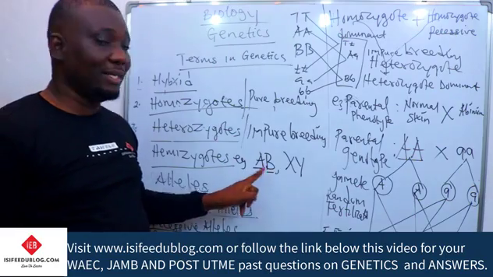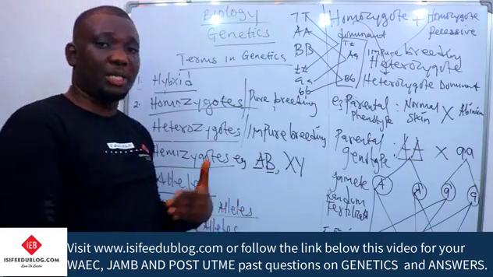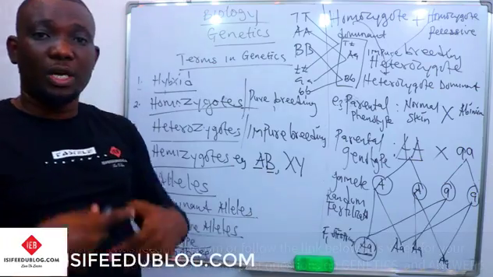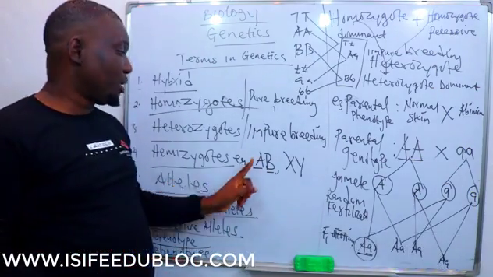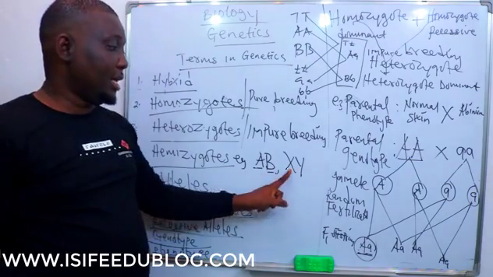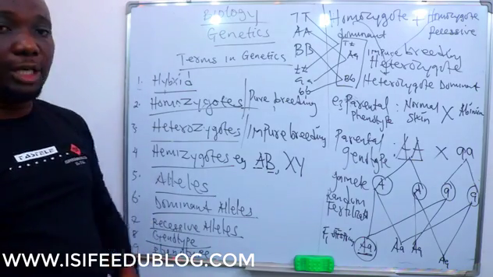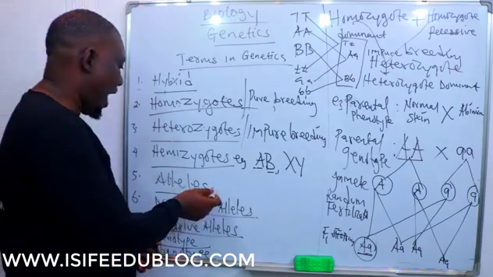So no one here is more dominant than the other. And because no one here is more dominant than the other, we describe this as hemi instead of heterozygote. Example of hemizygote can be seen in what? Human AB and the XY sex chromosome in humans. And then we look at alleles.